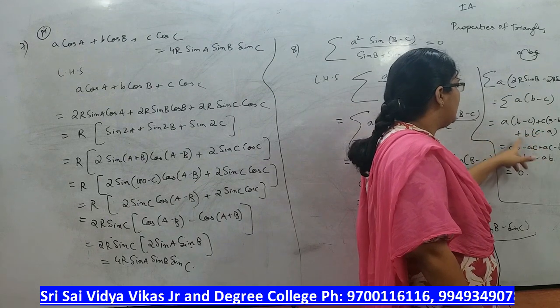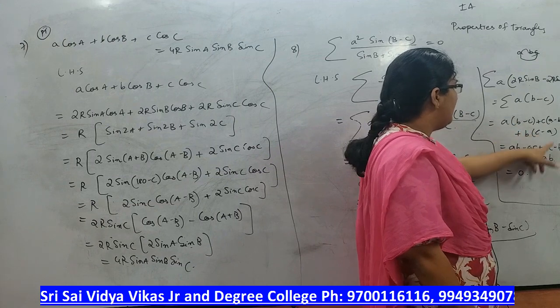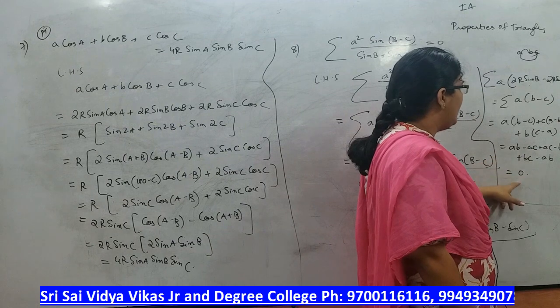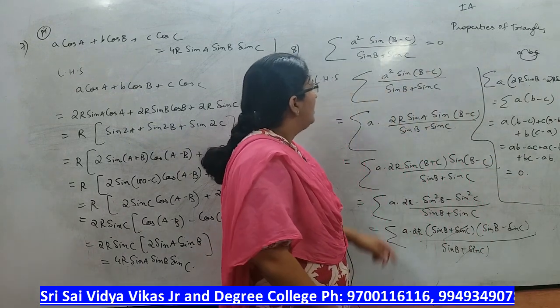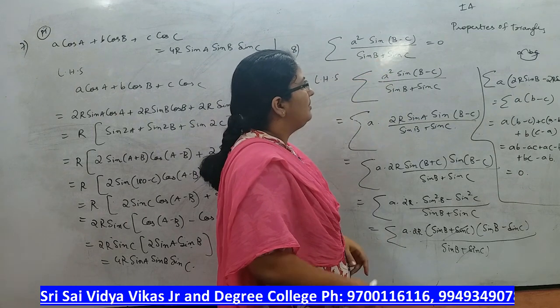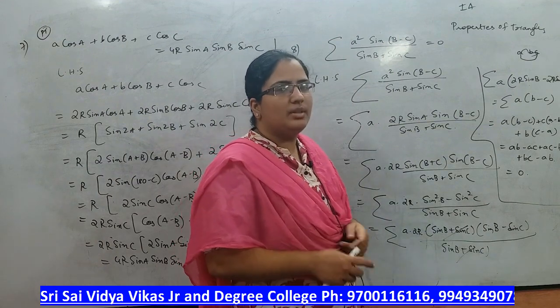Open the bracket: ab minus ac, bc minus ab, ac minus bc. Cancel all, you will get 0. So summation a square sin(B − C) by (sin B plus sin C) is equal to 0. So that's about today's class, children. We shall continue in the next class.